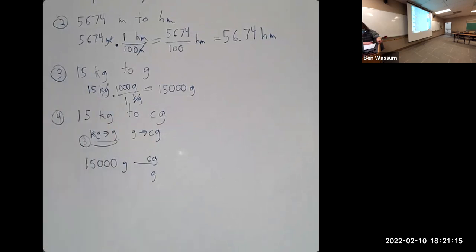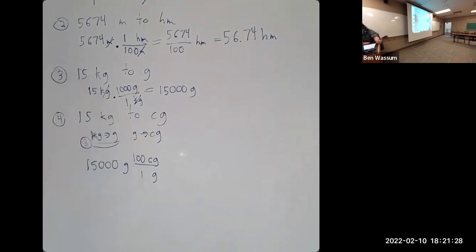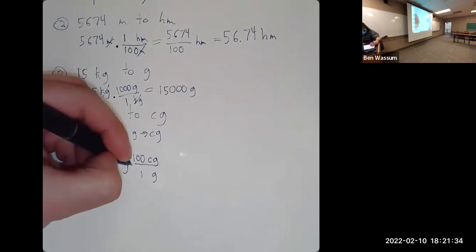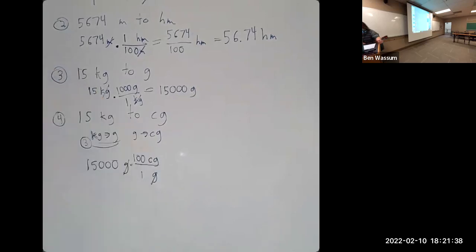So we'll have grams down here and centigrams here. Centigrams is like centimeters, or honestly, just the word cents. That means it's 100th. So for every 1 gram, there's 100 centigrams. For every $1, there's 100 cents. So when you multiply these together, the grams cancel out.